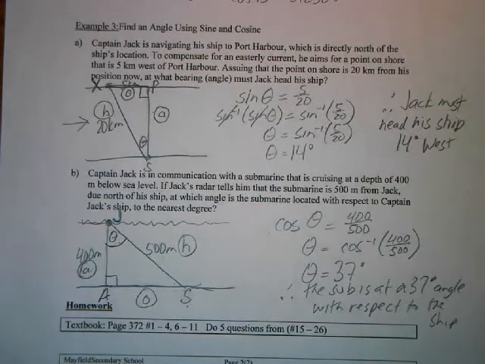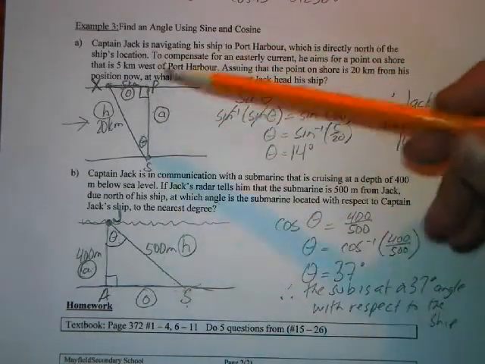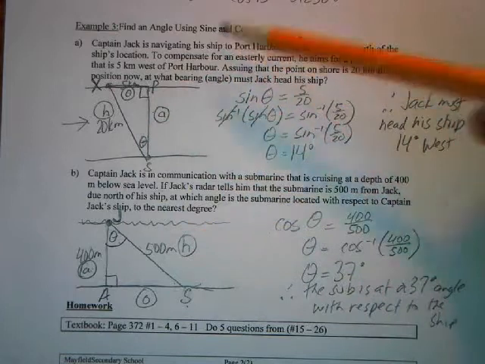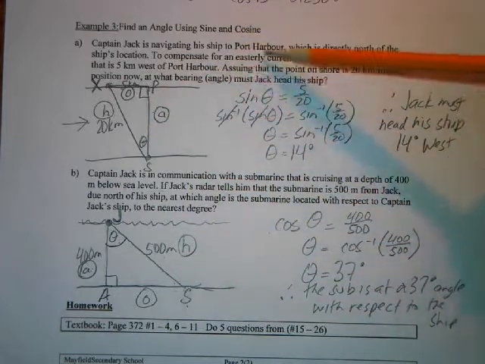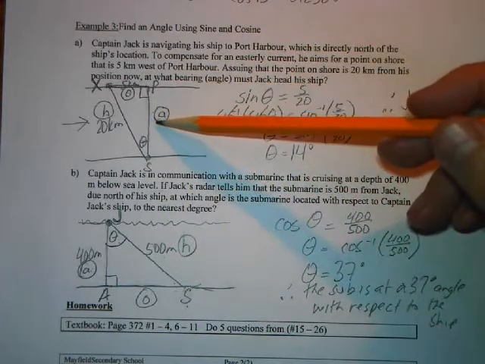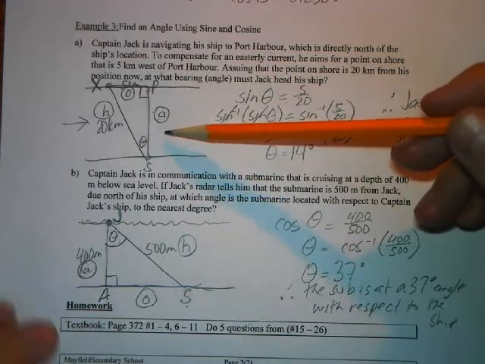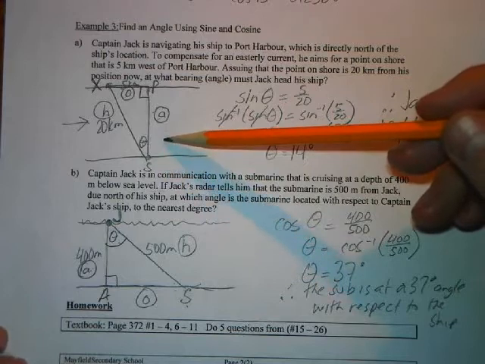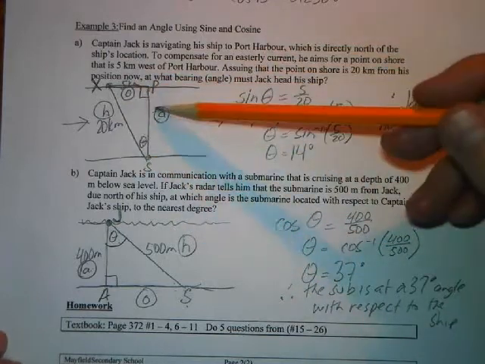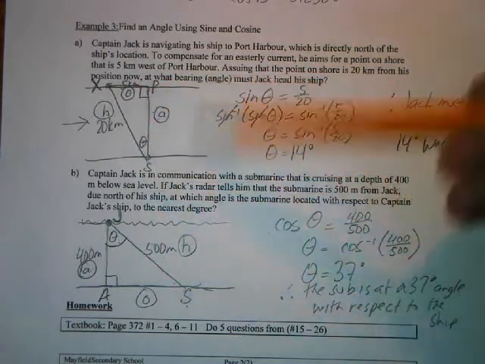It all comes down to that. Go through this process. Hopefully you can translate the words into a picture. That's a real important skill that you're going to be enhancing over the next couple of years in high school, but you always know it's going to be a right triangle.